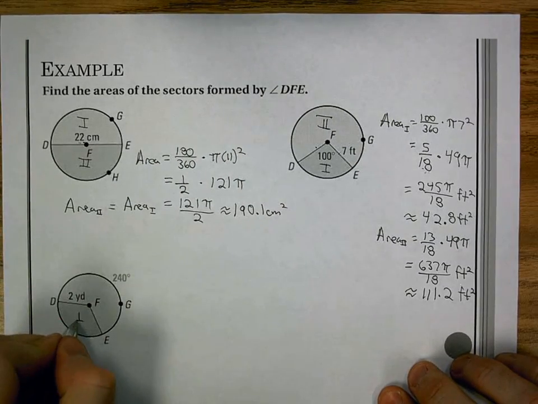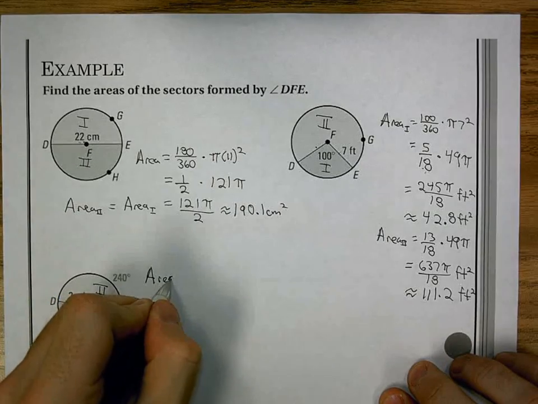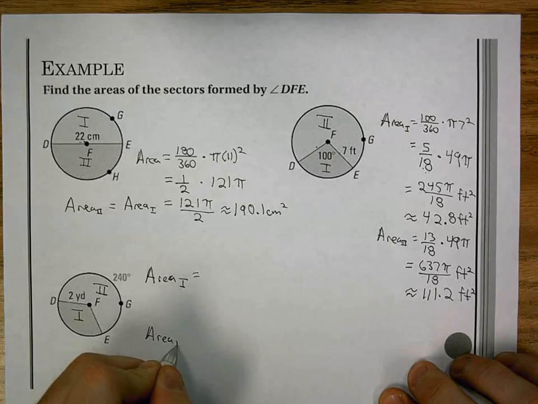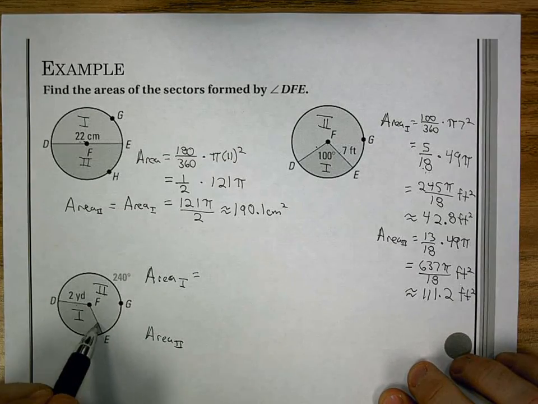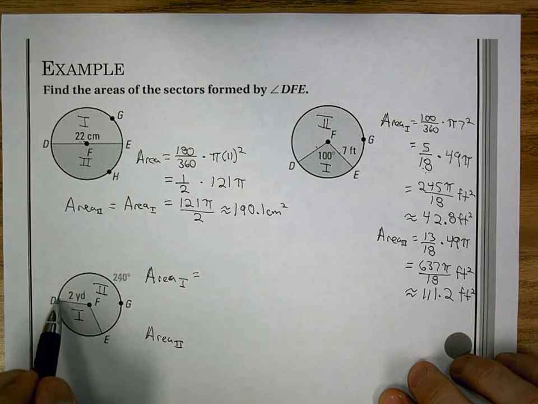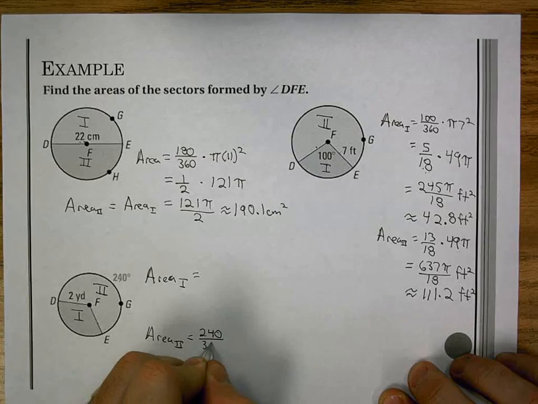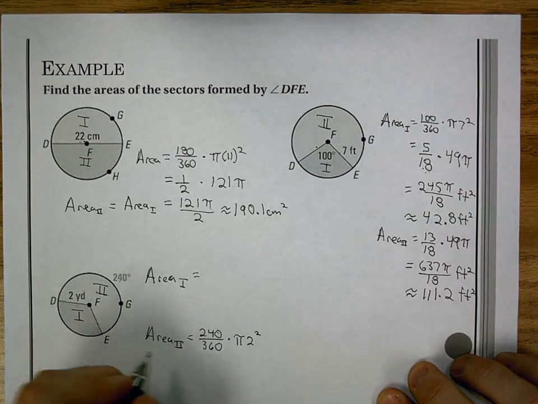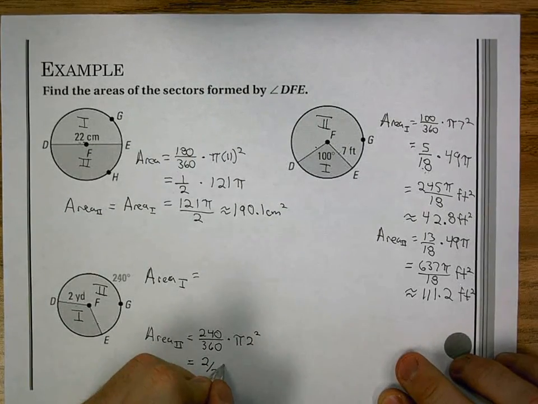Let's number them. I have sector 1 and sector 2. Look at the area of 1 first. For the area of 1, my angle, or my degrees that I'm going to use, I don't quite know yet, but I know 240 is this arc, so that one's going to be 240 over 360 times pi times 2 squared. Now 240 over 360 is actually 2/3.